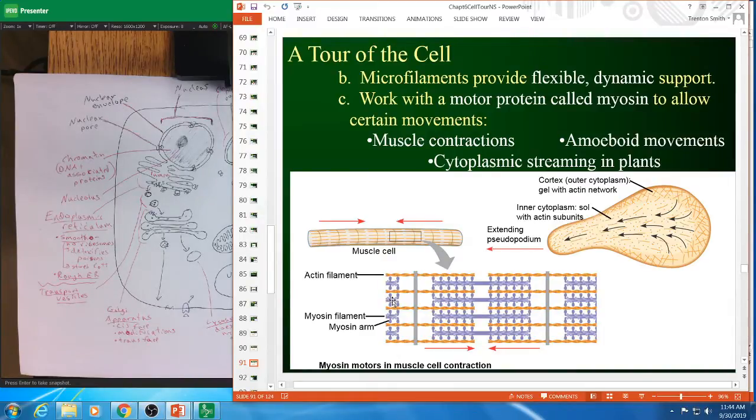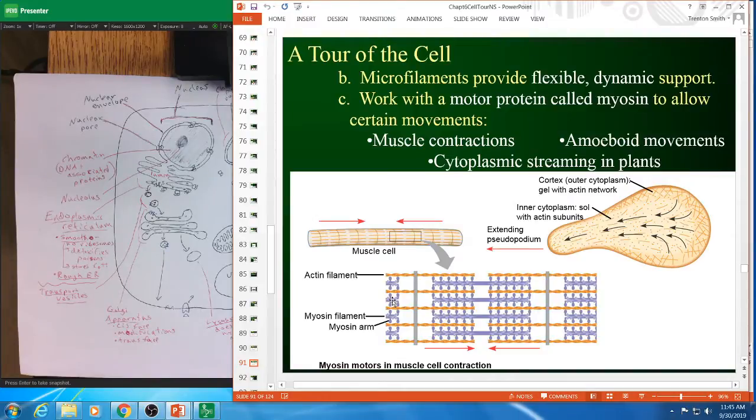And then it can grab onto the actin and do a motion, and by doing that, you could pull the cell along, or it can cause muscle contractions. So myosin is the motor protein, and actin is what it grabs onto and does its motion. And the motion does look like this. If this was actin and this is myosin, then the actin grabs onto it, flicks like that. And that's that motion of the muscle contraction.